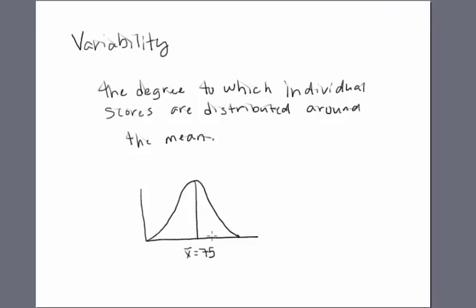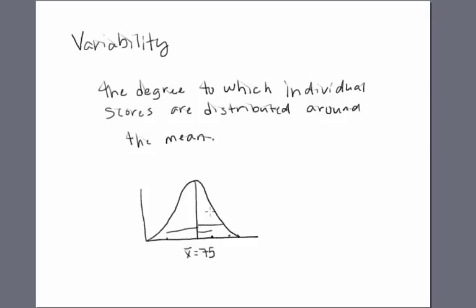What we're looking at in a measure of variability is how far any individual score, say here, is from the mean. Now some scores will be farther away from the mean than other scores. So when we look at variability or dispersion, we're trying to get a sense of how different or similar the scores are on average to the mean and one another.